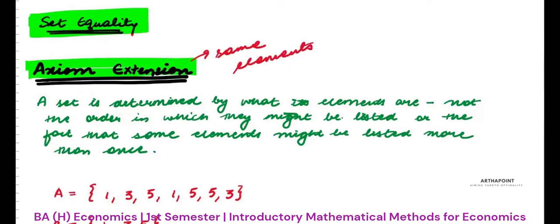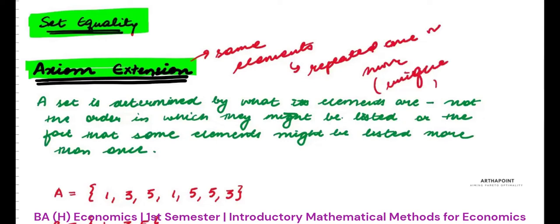It does not matter whether the elements are repeated once or more than once. We are only going to consider unique representations, which means I will only consider each element once.